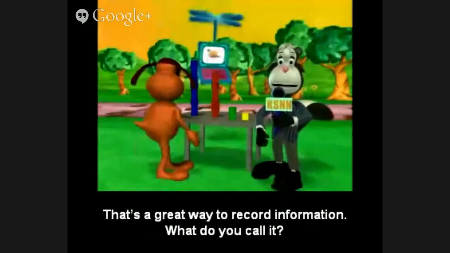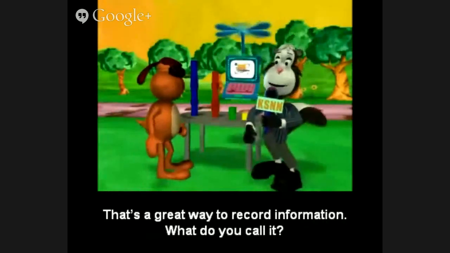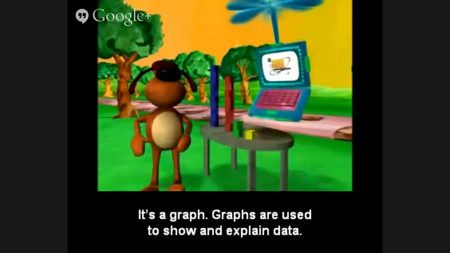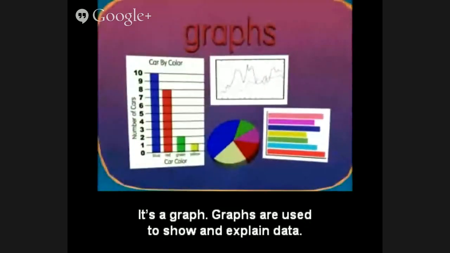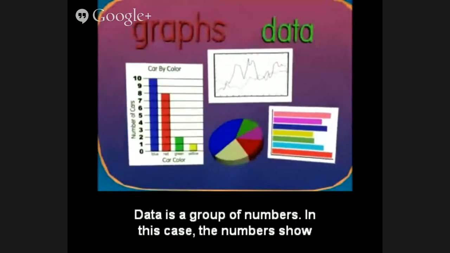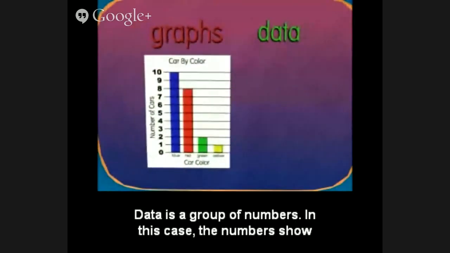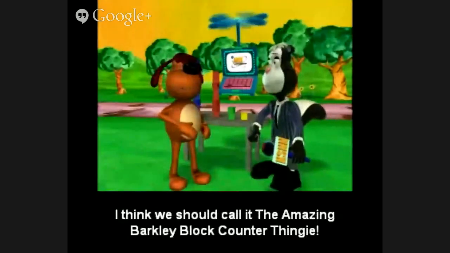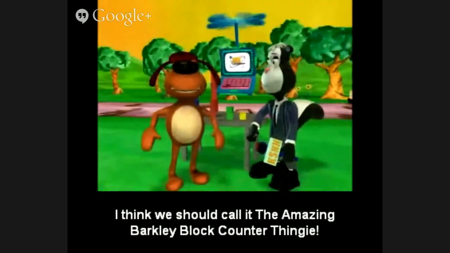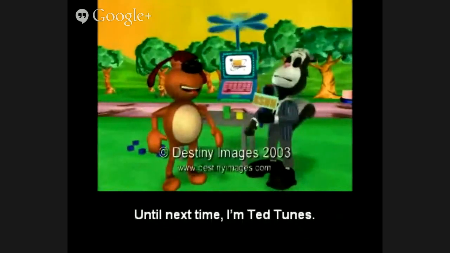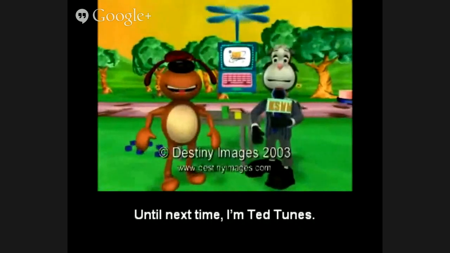That's a great way to record information. What do you call it? It's a graph. In a graph, graphs are used to show and explain data. What's data? Data is a group of numbers. In this case, the numbers show how many cars drove by of each color. I think we should call it the amazing Bob-Lee Block Counter Thunder. It's a graph. Until next time, I'm Ted Tunes.